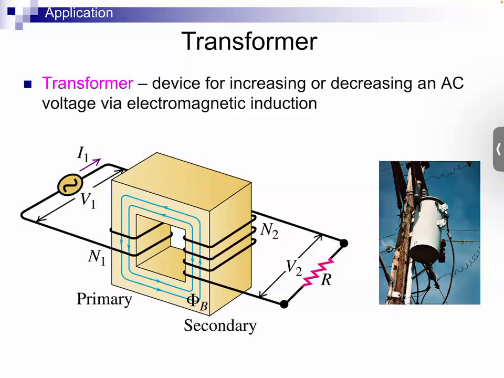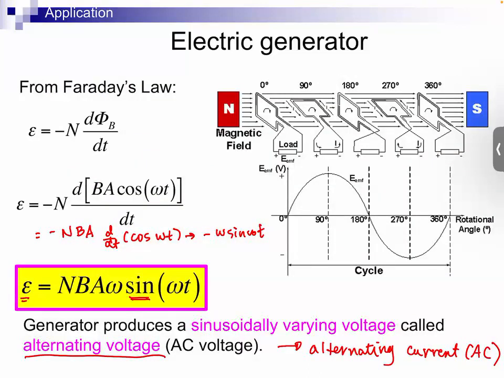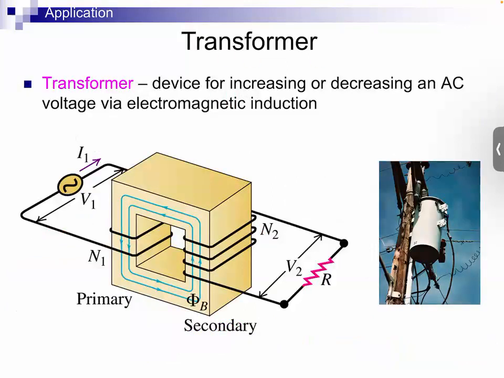electromagnetic induction. We've seen that the generation of alternating currents using an electric generator is a consequence of electromagnetic induction. Well, the transformer is also an application of electromagnetic induction. A transformer, maybe we're familiar with it.